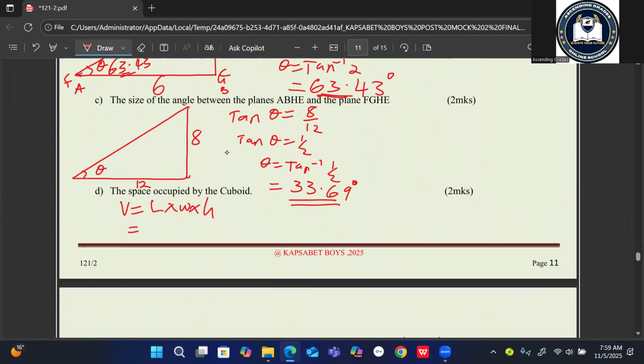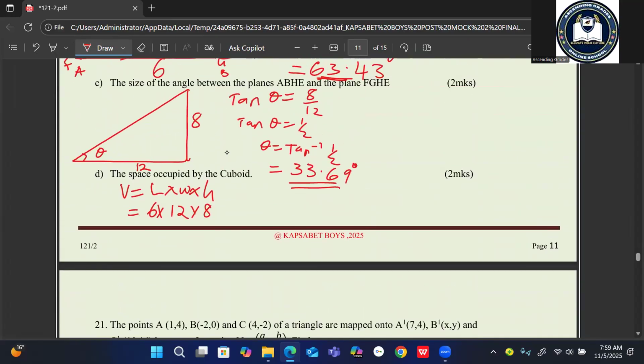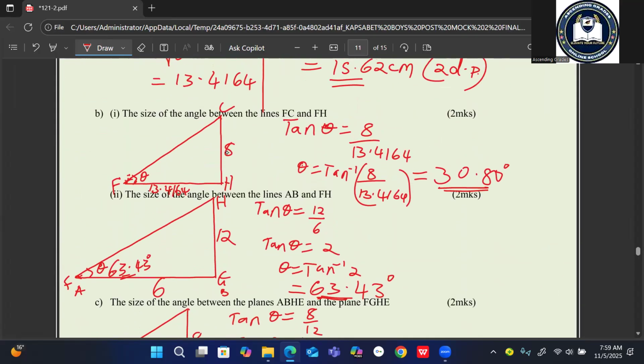So it will be equal to 6 times 12 times 8, which gives us 576 centimeters cubed. So it is as simple as that. That is, you have obtained your 2 marks, a total of 10 marks.